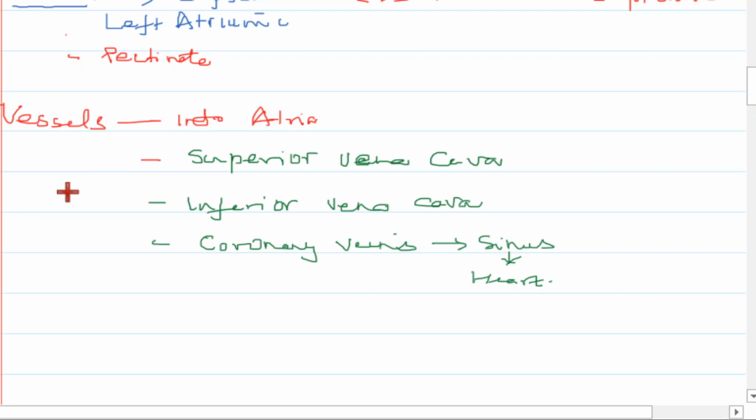We know the systemic circulation, all the deoxygenated blood is collected from all parts of the body through the veins. So there are three of them that open into the left side or left atrium.